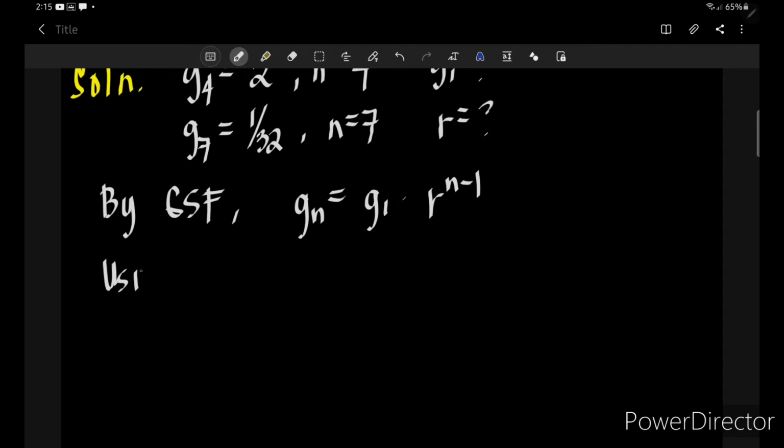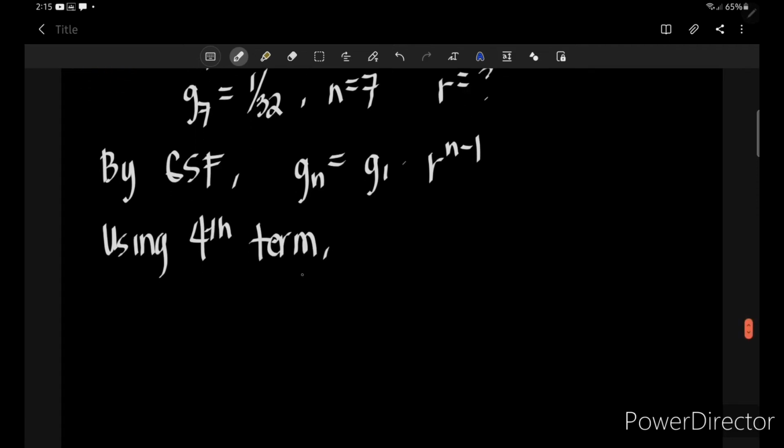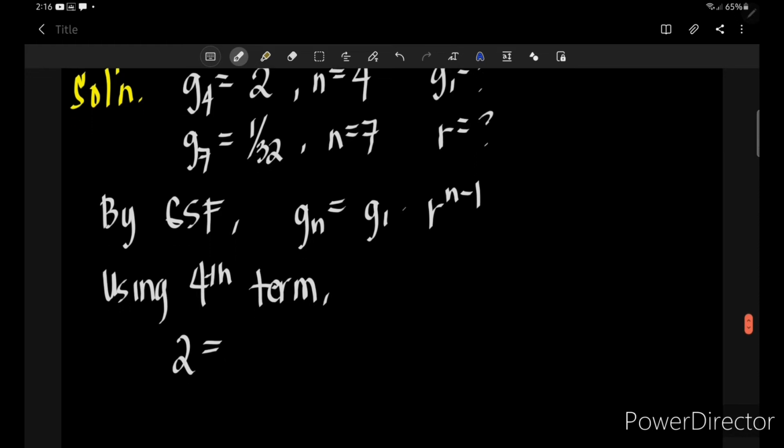Using fourth term, okay, we have 2, since ang fourth term ay 2, equals G sub 1, unknown yan, times R, still unknown, raised to n minus 1. Since nasa loob tayo ng G sub 4, papaganahin natin yung n as equal to 4. So, meron tayong 4 minus 1 which is equal to 3.